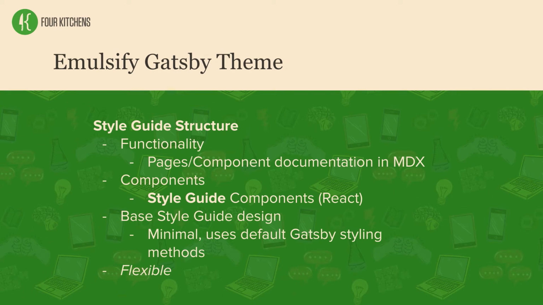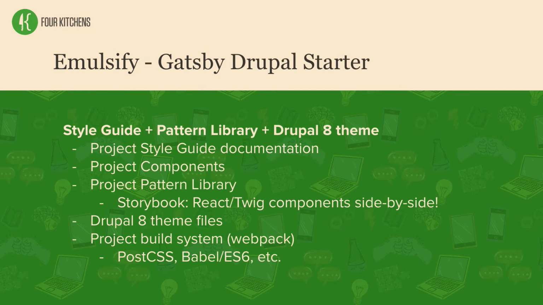You can use built-in Gatsby styling methods, so Gatsby comes out of the box. You don't have to use something like Emotion or other JS to CSS libraries. It has its built-in styling, and we just did that as a minimal MVP approach. And so it contains the design for the style guide itself. And again, the key factor here, the reason we even went down this path to begin with, is total and utter flexibility.